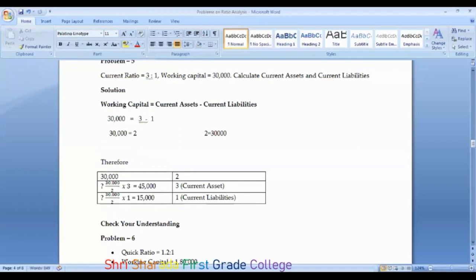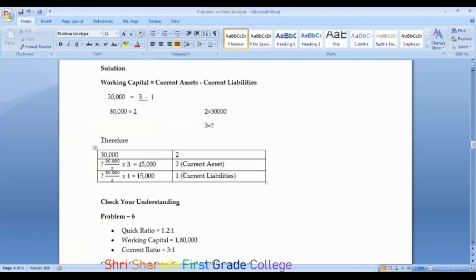You will be finding out for the 3. Where do you get this 3? You got the 3 in the current ratio. So 3 into 30,000 divided by 2, which gives you 45,000 as the current assets.